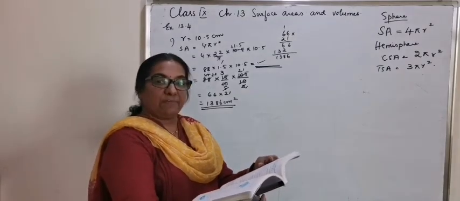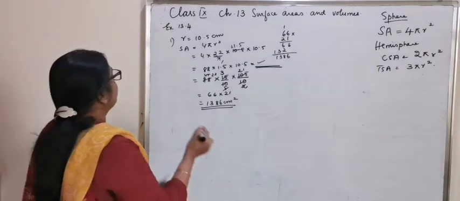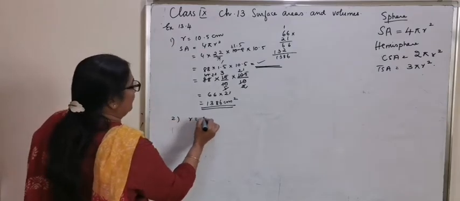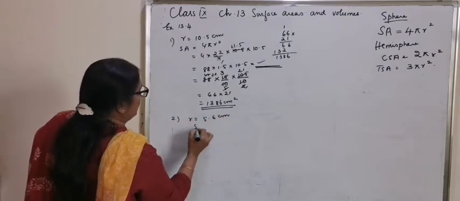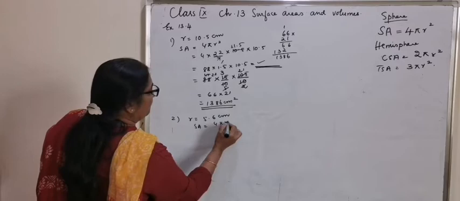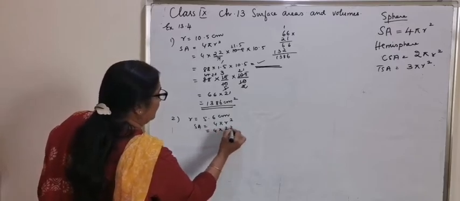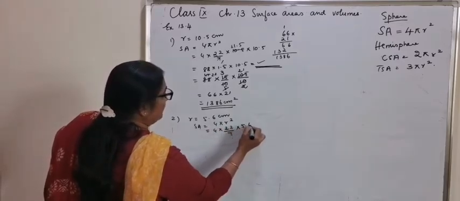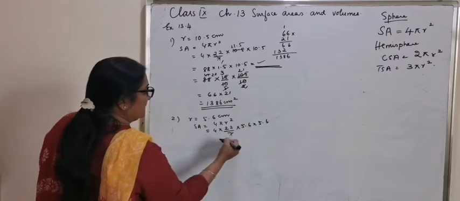The next question is 5.6 centimeter. The radius is given as 5.6 centimeter. Surface area is equal to 4 pi r square, 4 into 22 by 7, 5.6 into 5.6.